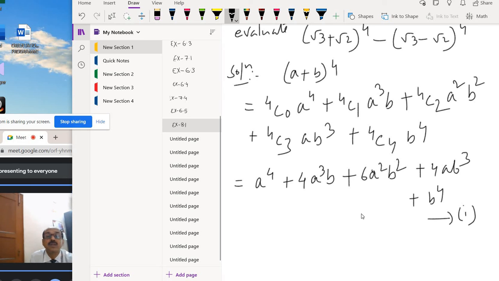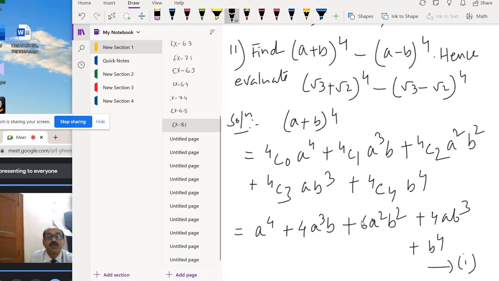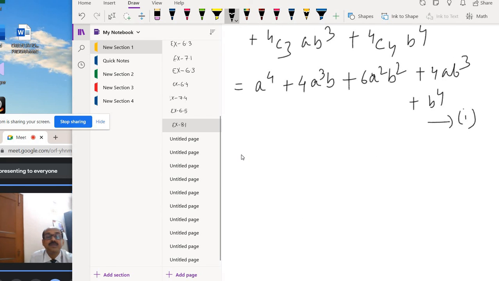Now for (a minus b) to the power 4, it is the same, only we have to put plus and minus.